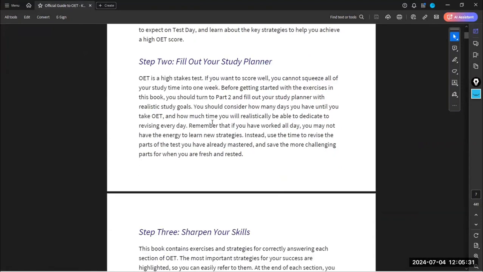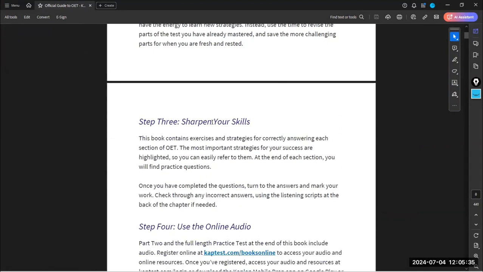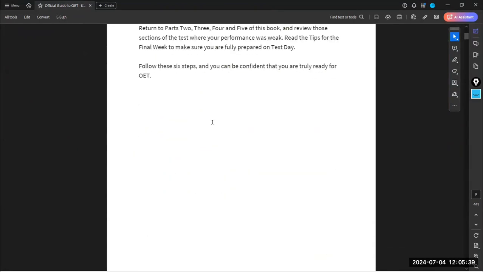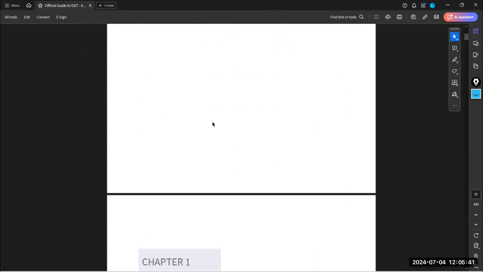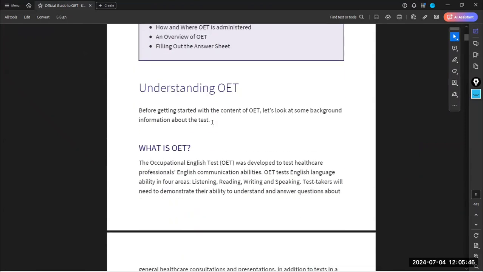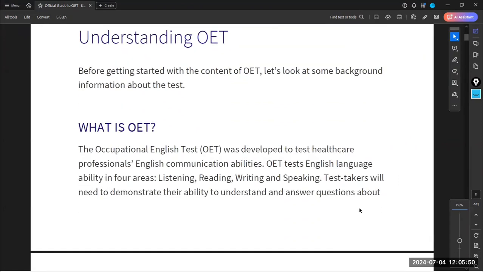I'm not going to discuss all the information in this book, but I'm going to discuss the most important information you need just to score a good band concerning this exam. Now let me zoom in and let's begin.